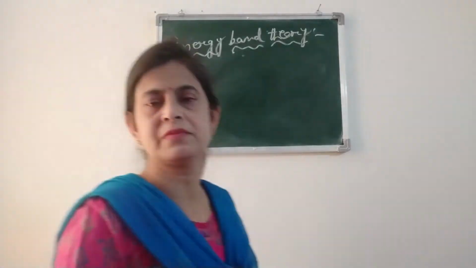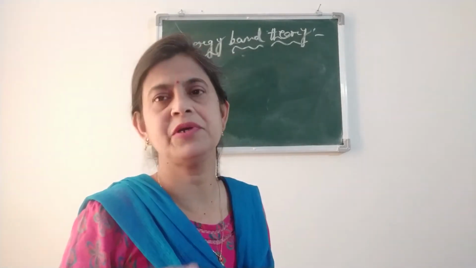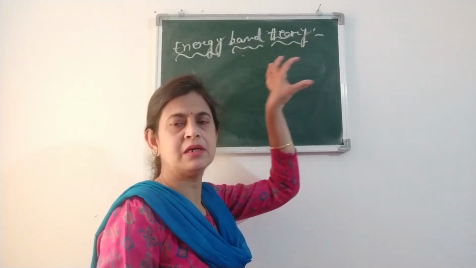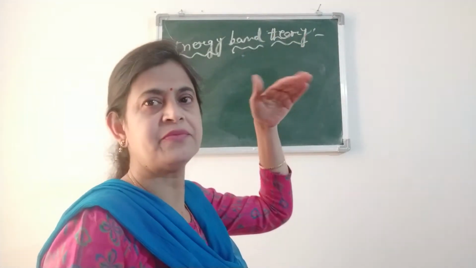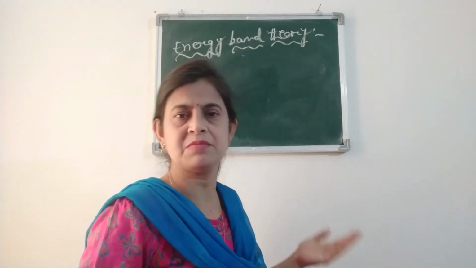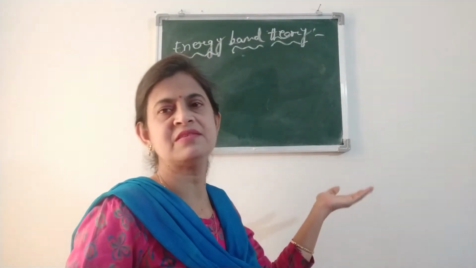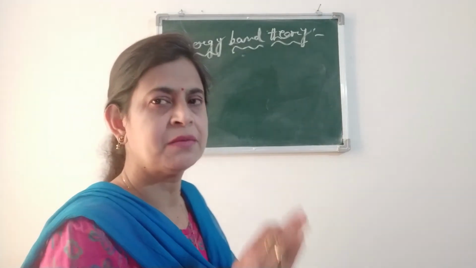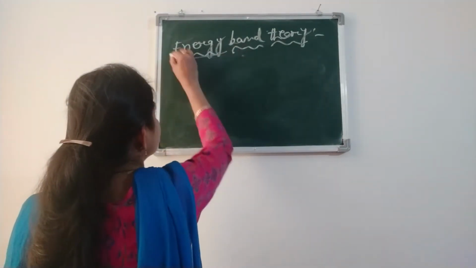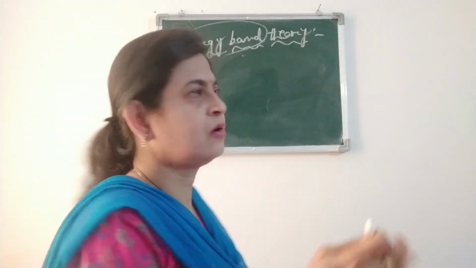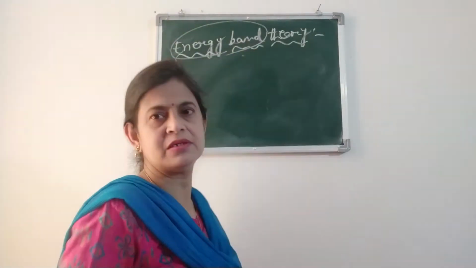Already we know that on the basis of resistivity, metals have low resistivity, insulators have very high resistivity, and semiconductors have resistivity in between metals and insulators. But here we will differentiate them on the basis of energy band theory.